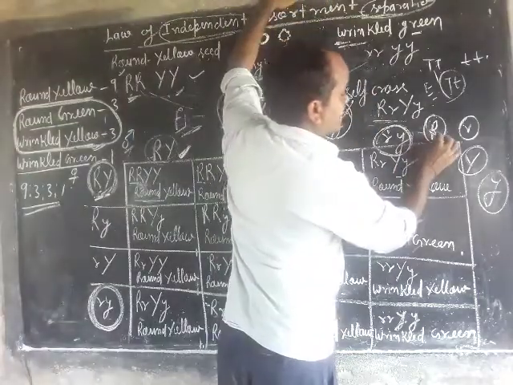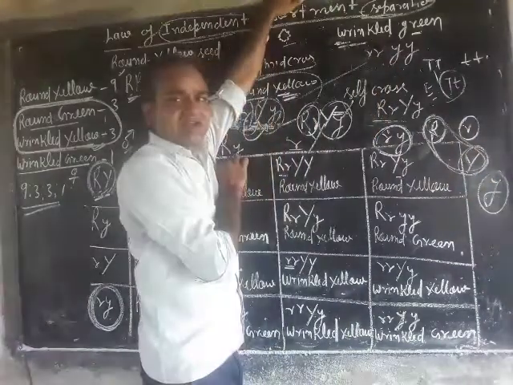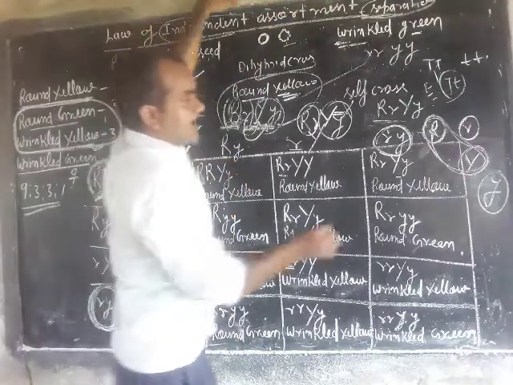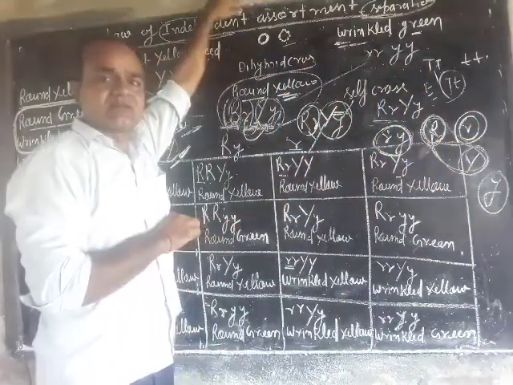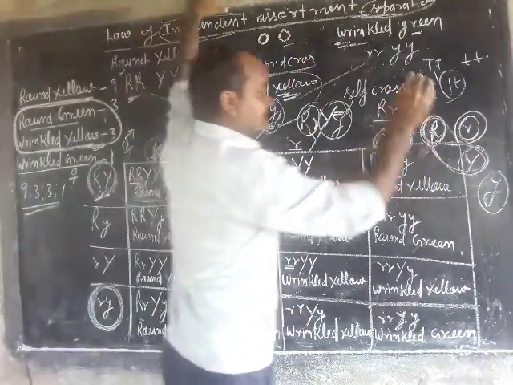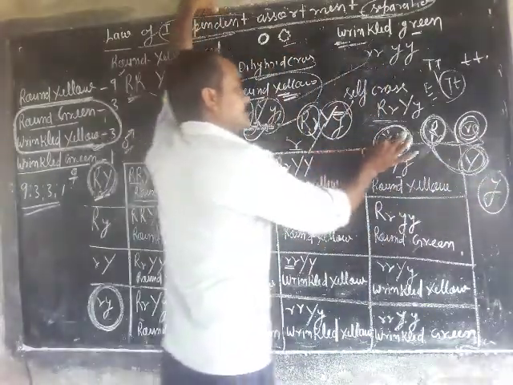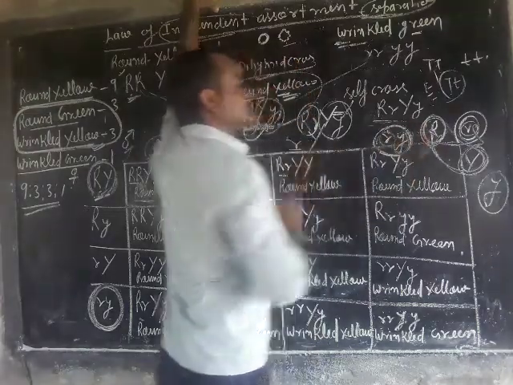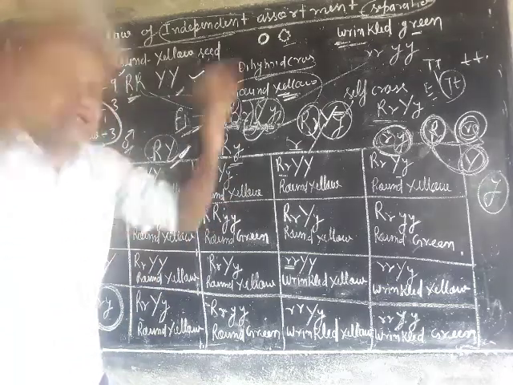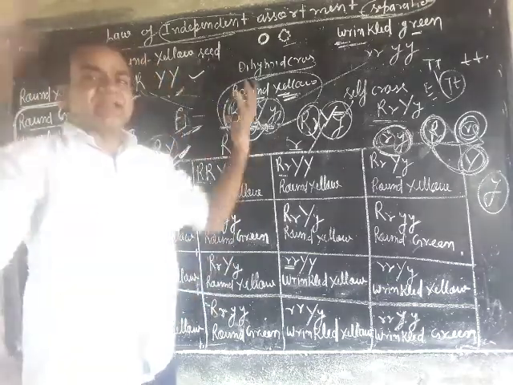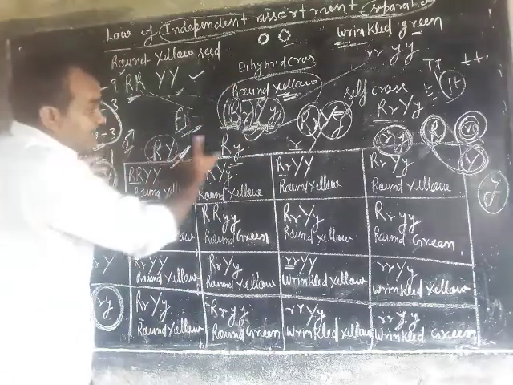Means one dominant gamete has the ability to fuse with another dominant gamete here, and one dominant gamete has the ability to fuse with a recessive gamete here. One recessive gamete has the ability to fuse with a dominant gamete, and one recessive gamete has the ability to fuse with another recessive gamete. Means they separate independently at the time of gamete formation, and they form new types of gametes.